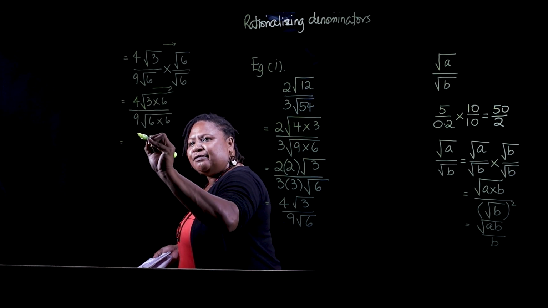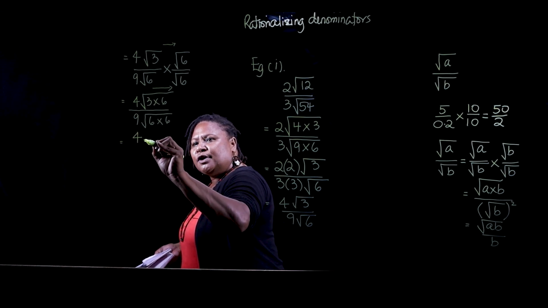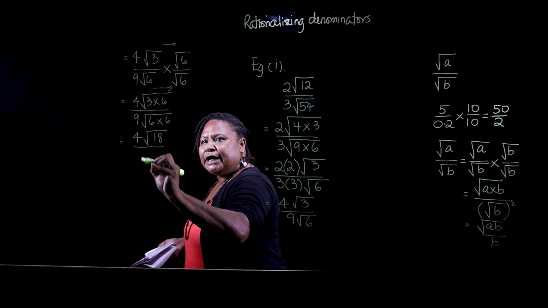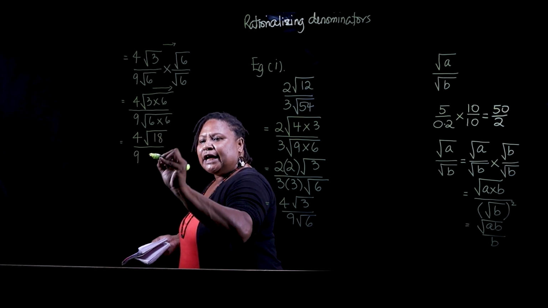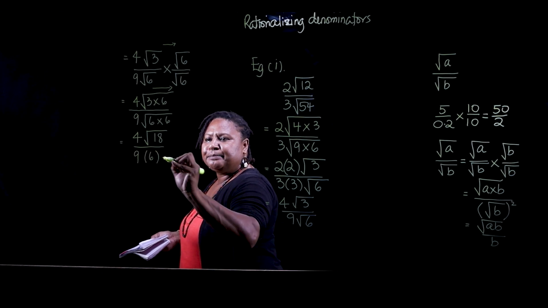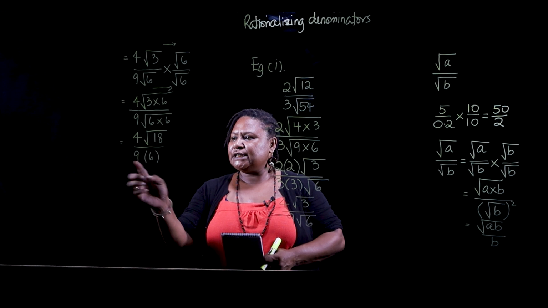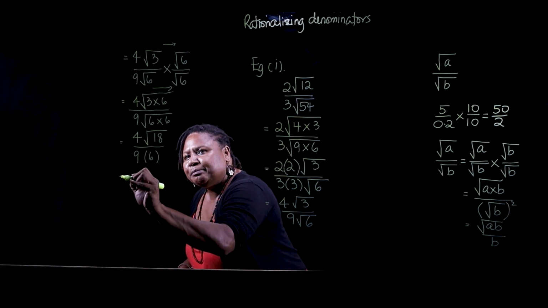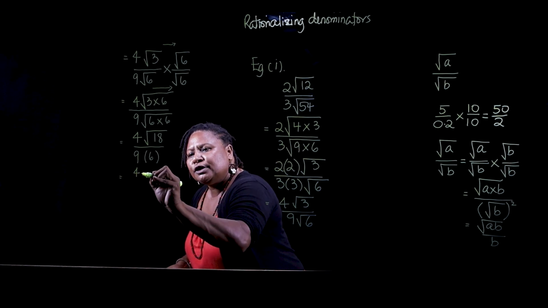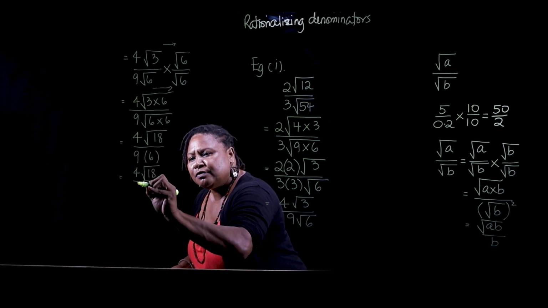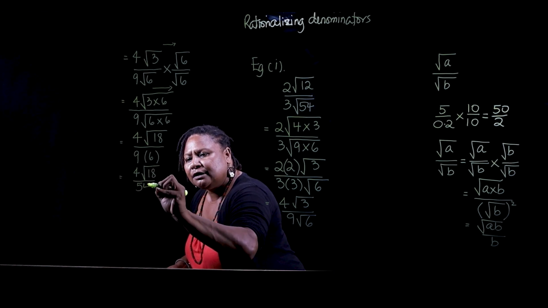So what we have left now is 4 root 18 divided by 9 times 6, which is 54.